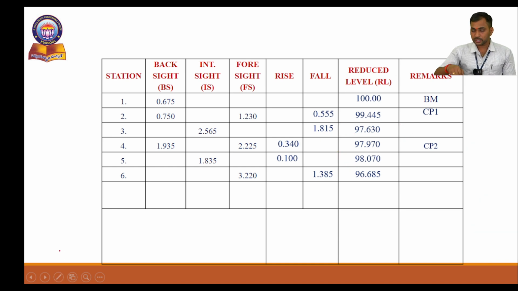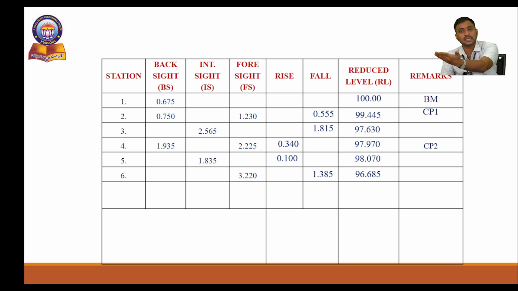So this is the way of the process. We have to calculate all the values. Here the problem is 80% completed. The first thing, we have to take the readings, where the instruments have been shifted. For the first station, the value will come as backsight, so we have to provide it in backsight. In between, the number of stations are the intermediate stations.